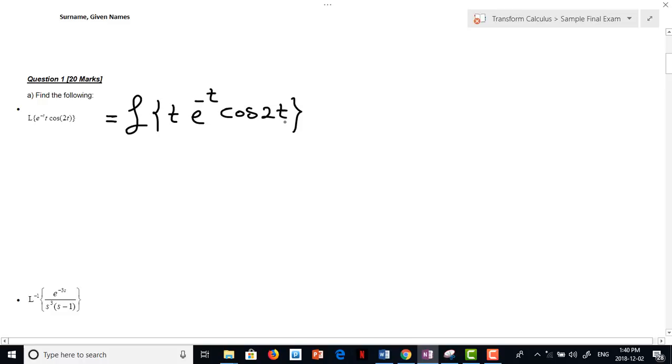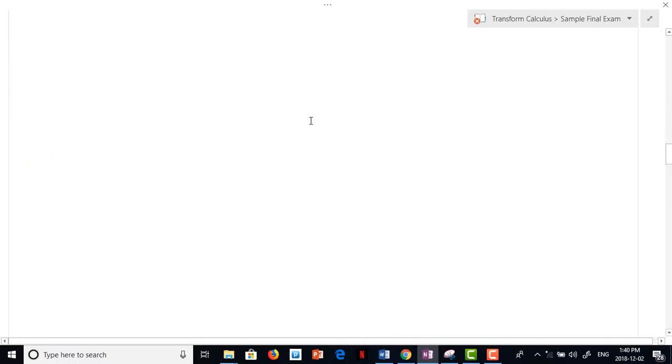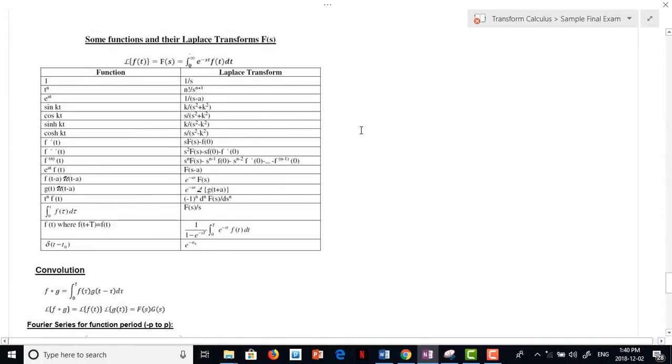To solve this problem, we need to know the Laplace transform of cosine 2t, the first translation theorem, and the derivatives of transform. We have all of these 3 theorems in the Laplace table: the Laplace transform of cosine kt, the first translation theorem, and the derivatives of the Laplace transform.